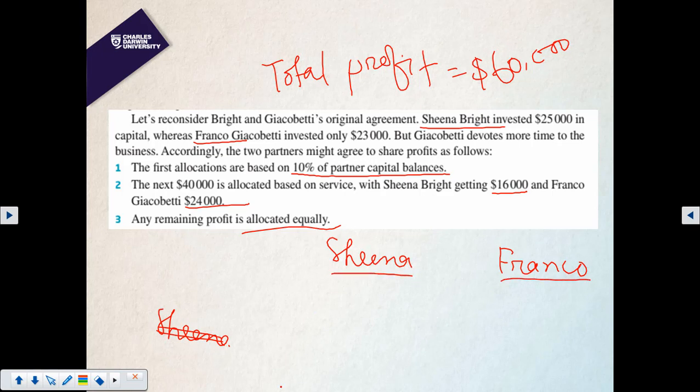So the total amount is 60. It will be distributed, right? How much will Sheena get finally and how much will Franco get finally? This one? So 7,000.